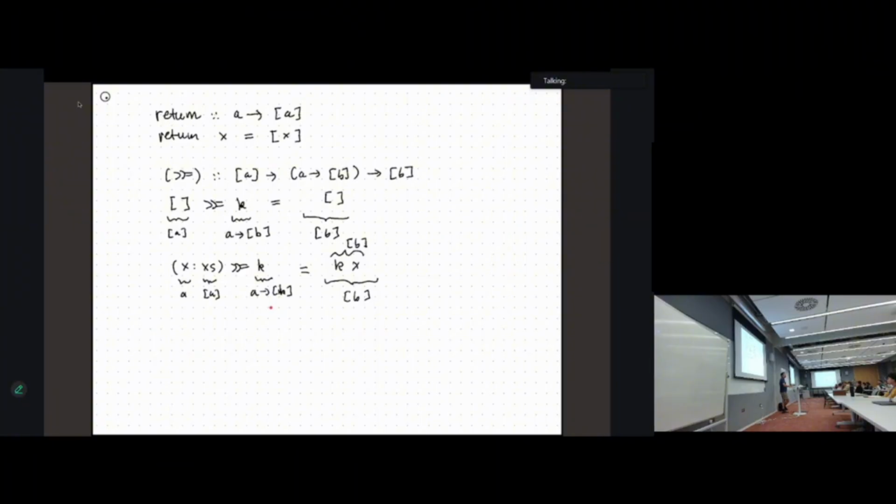What could that function possibly be? I noticed that bind takes a list of a's and a function and makes a list of b's. So maybe this is the function I could use. So I can do x's bind k. That's my new list of b's. How do we smash two lists of b's together? Like that.